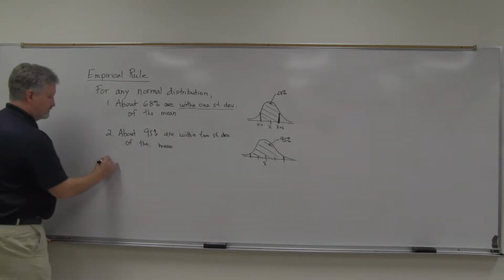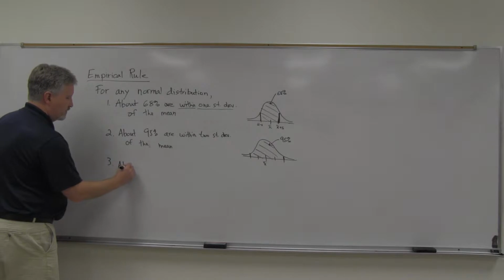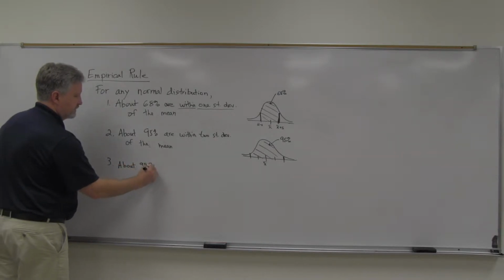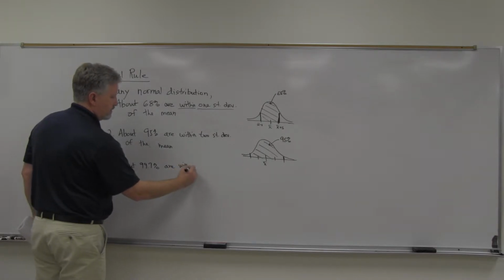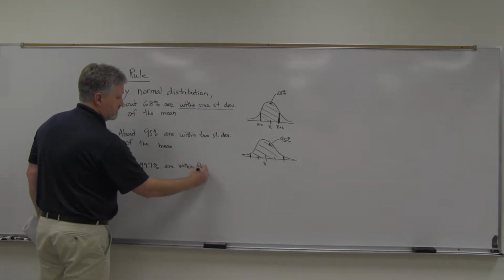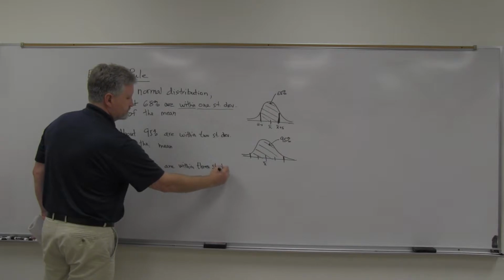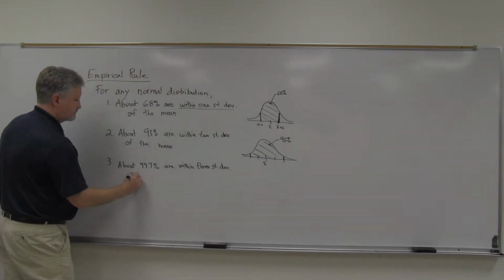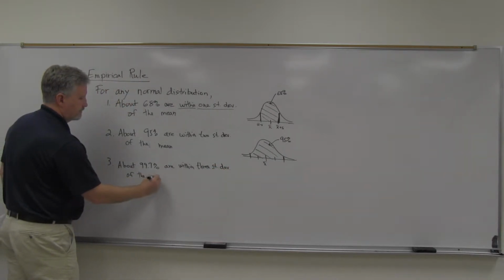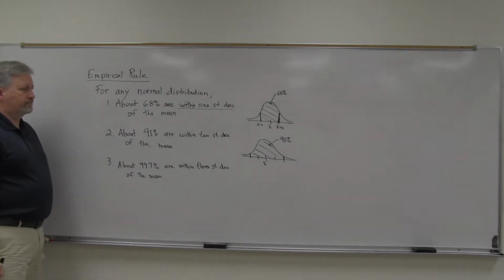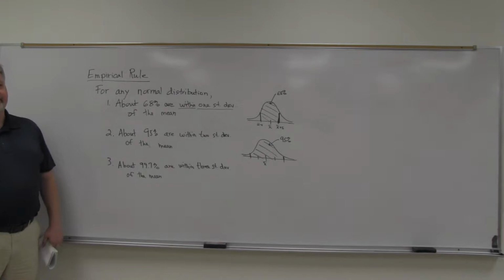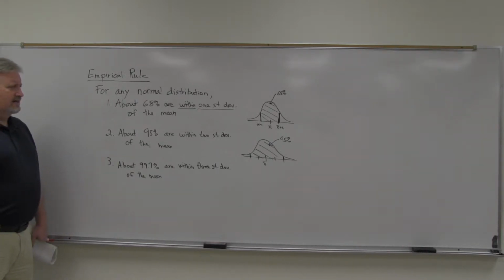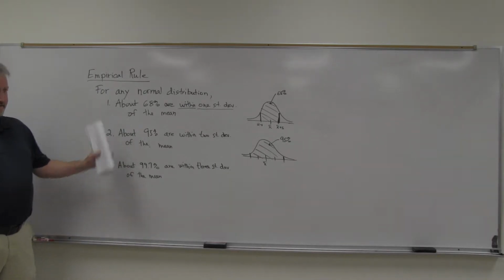And then the third one is about 99.7% are within 3 standard deviations of the mean. Well, 99.7%, that's just about 100%, so it doesn't leave a whole lot on the edges there.